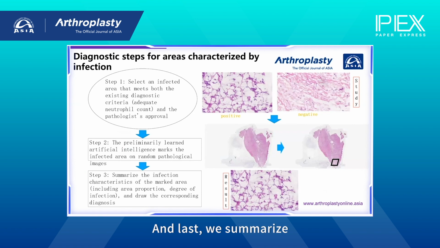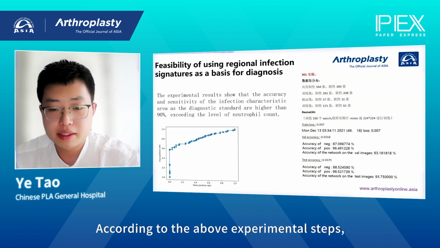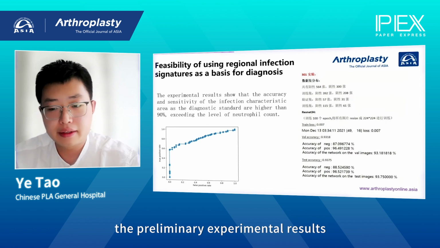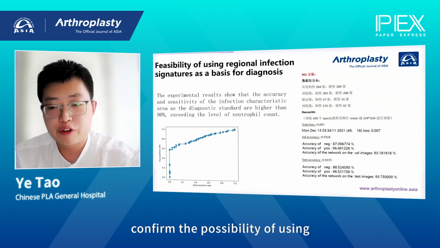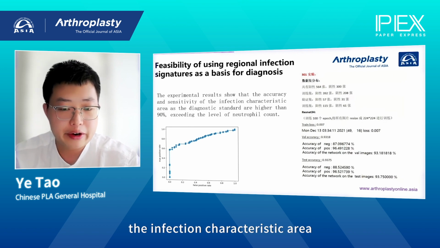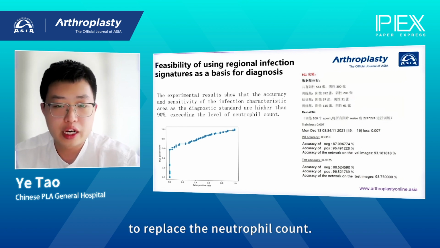And last, we summarize the infection characteristics of the marked area, including the area, proportion, and degree of infection, and draw the corresponding diagnosis. According to the above experimental steps, through the experimental data and ROC curve, the preliminary experimental results confirm the possibility of using the infection characteristic area as a diagnostic criterion to replace the neutrophil count.